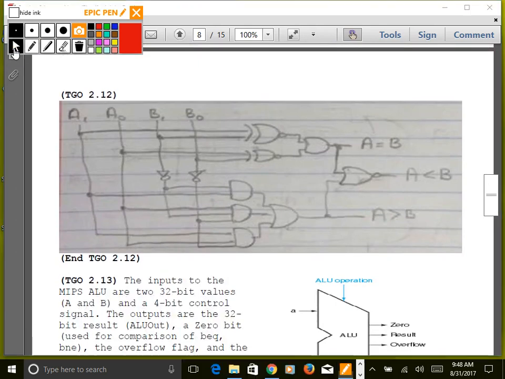In this case, A equal to B is just these XOR values: XOR of A1 and B1, and XOR of A0 and B0. Then if you get an OR on the output, that's going to give you A equals B. If you're going to have A1 and A0, then B1 and B0 are negated here, and these go into your different logic values. See how that makes sense?